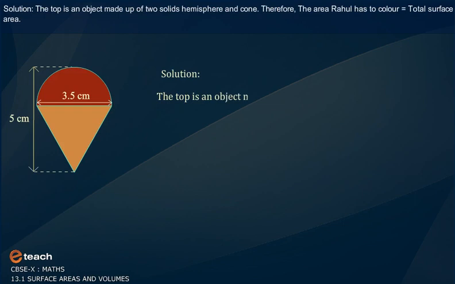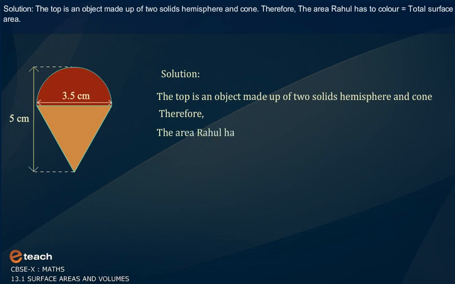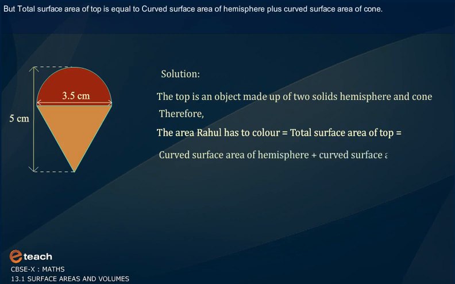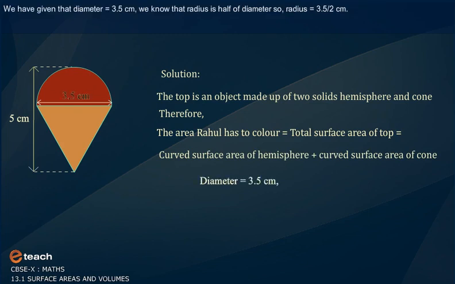Solution. The top is an object made up of two solids, hemisphere and cone. Therefore, the area Rahul has to color is equal to total surface area of top. But total surface area of top is equal to curved surface area of hemisphere plus curved surface area of cone. We are given that diameter is equal to 3.5 cm. We know that radius is half of diameter.